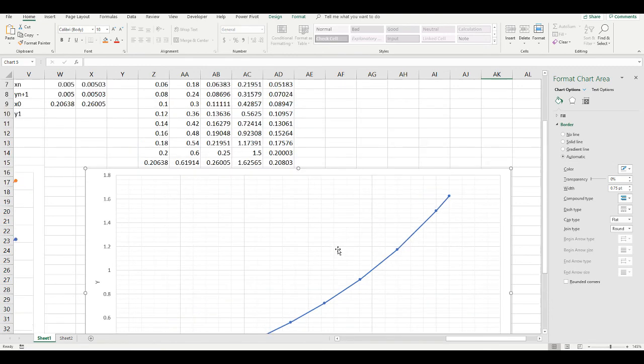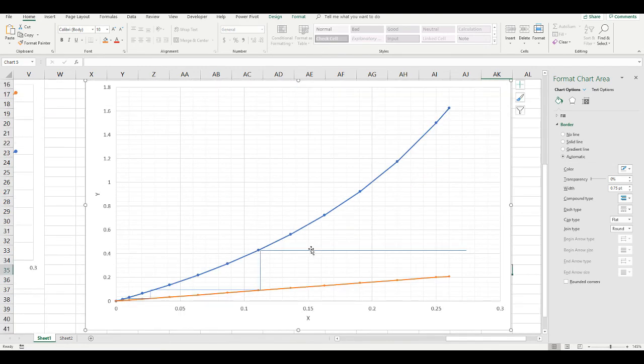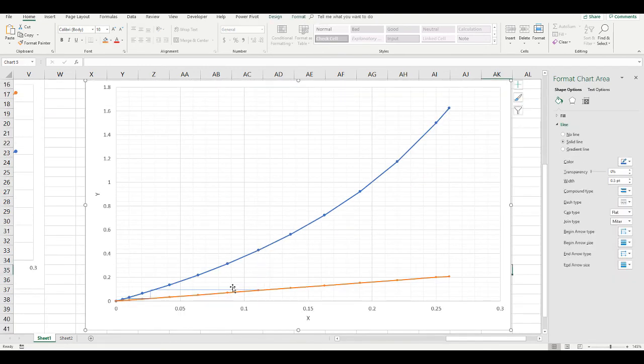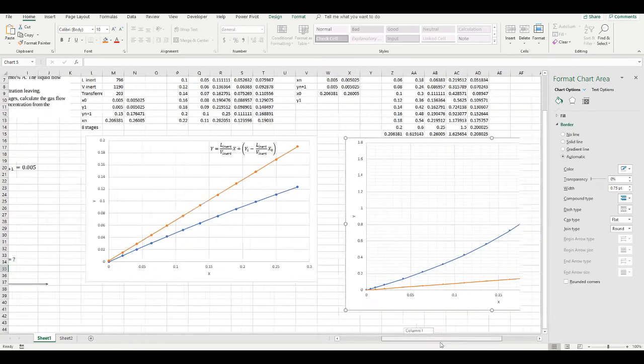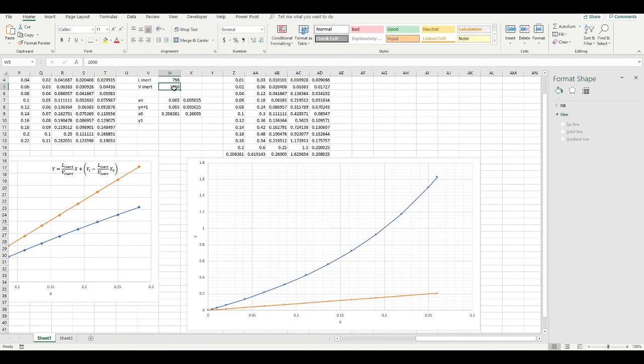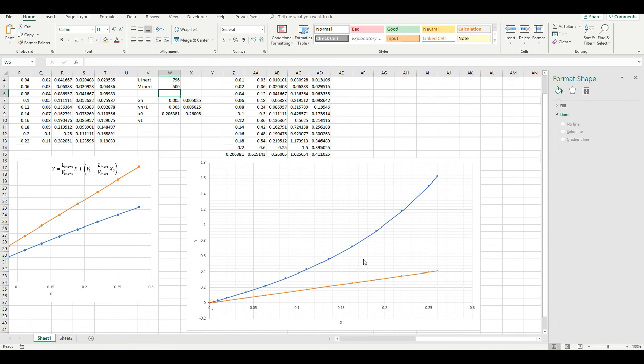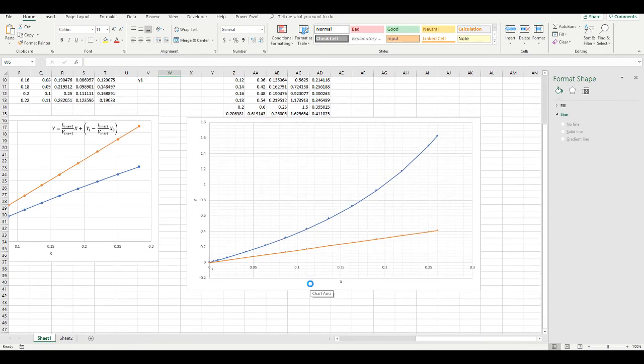So this means that 1000 is too high of a flow rate. So let's go ahead and delete these lines and choose a lower flow rate. So let's pick 500. Now the slope is a bit tighter, so this should give us a better result.